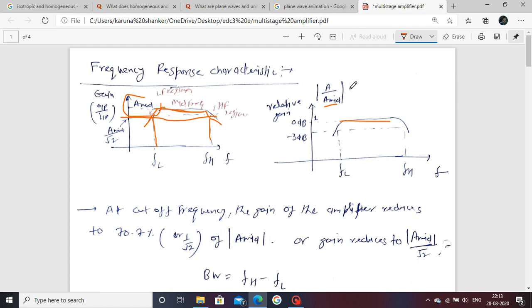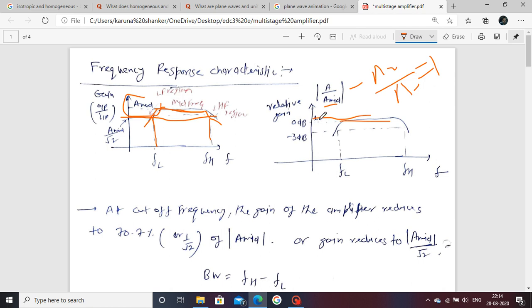This is represented as the relative gain. When we divide A mid, the maximum gain, by A mid, we get 1. So the relative gain value is 1 on the y-axis. If we calculate in dB, this comes to 0 dB.